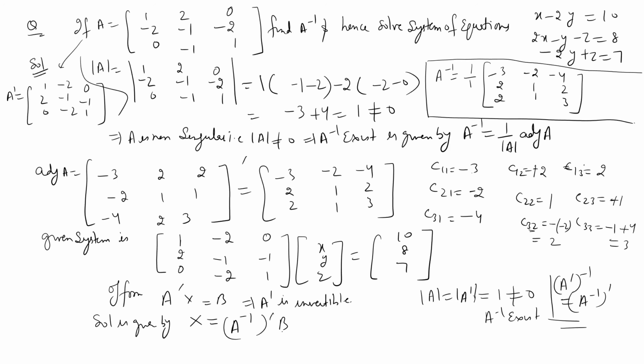As X is your A inverse whole transpose into B, my A inverse here was minus 3, 2, 2, minus 2, 1, 1, minus 4, 2, 3.